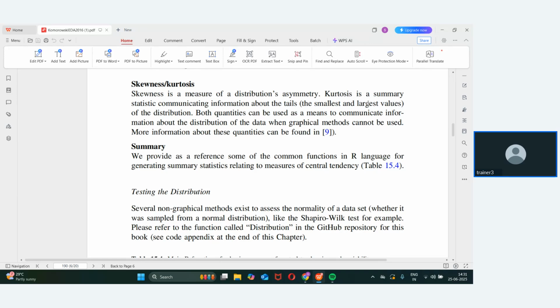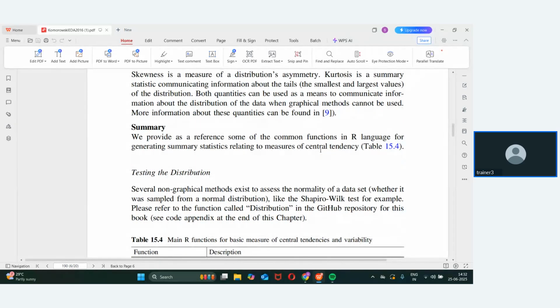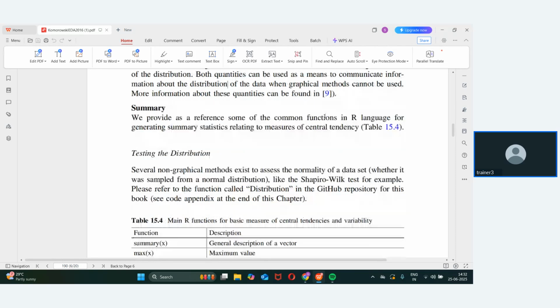And kurtosis, what is this? It gives us information about the smallest and largest values in the distribution. So both of these can be used as a means of communication, to communicate information about the data.